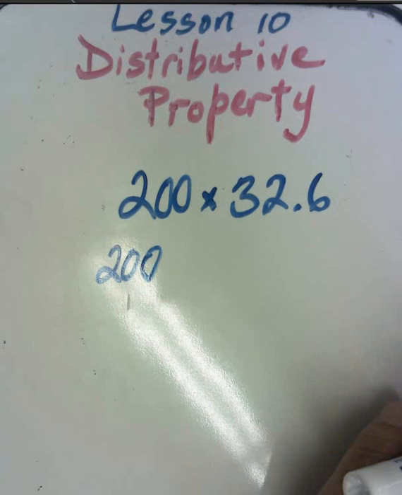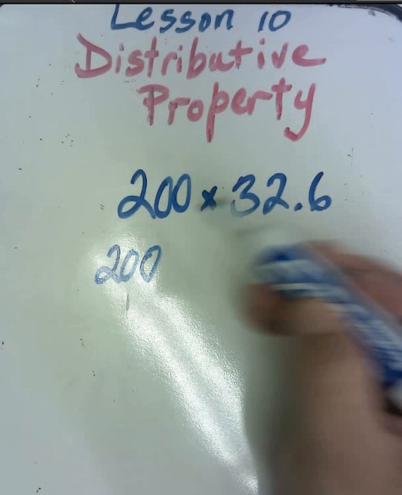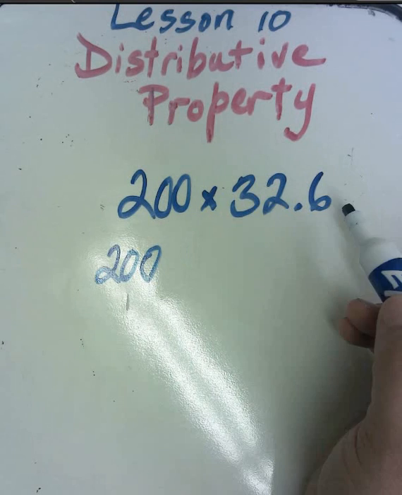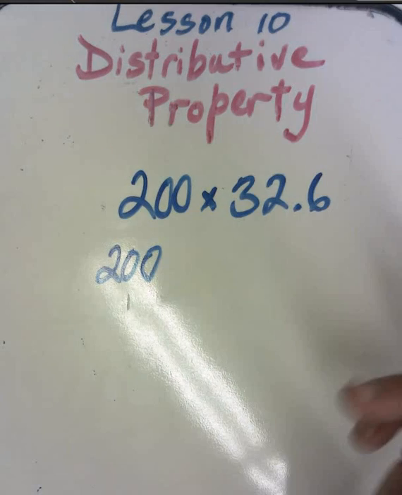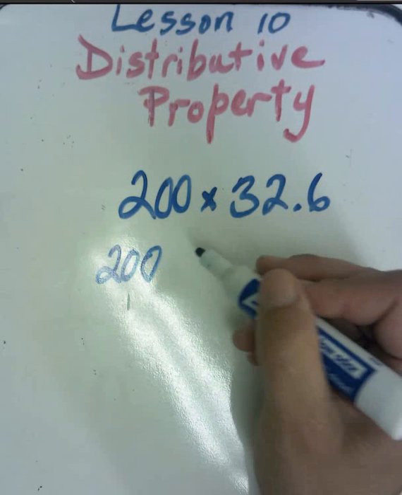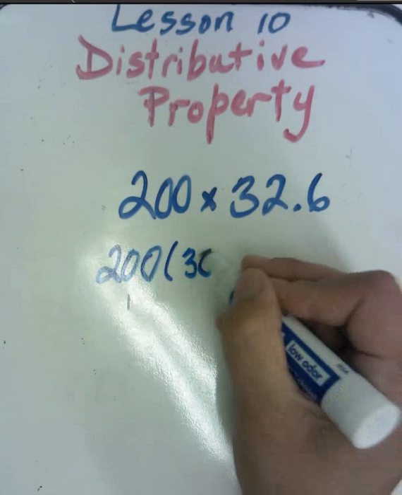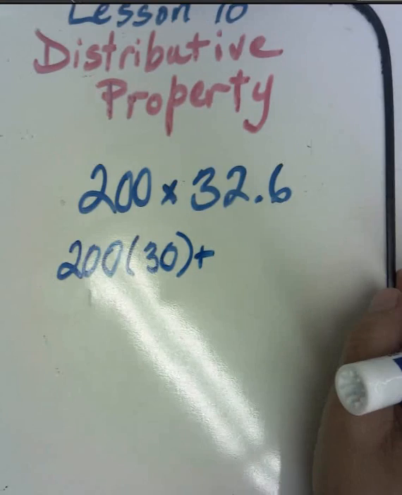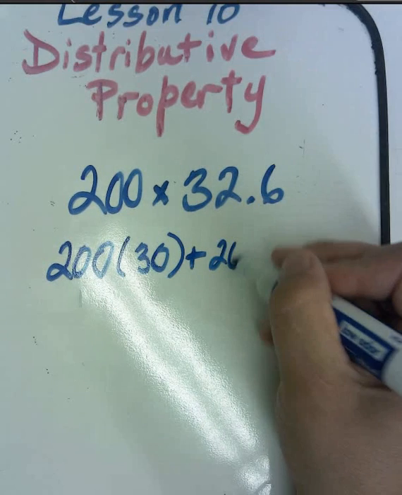Thank you. All right, so we're going to look at 200 is what we're multiplying, okay? We're multiplying that by 32 and 6/10. So we're just going to split it out. This first part is 200 times 30. The second part is also 200 times 2, or 2 ones.